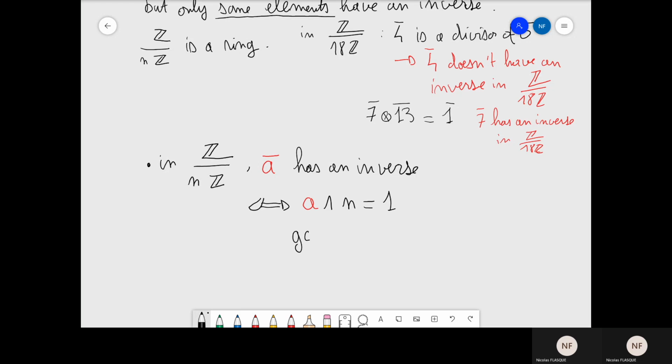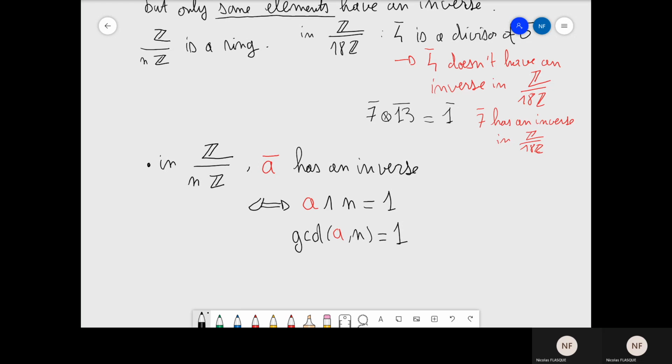So let's write it with the GCD notation: GCD of A and N is equal to 1. That's the way one can quickly determine if an element has an inverse in Z over NZ. And this is quite simple to do, especially with small values of n such as the one we've used in the previous example.